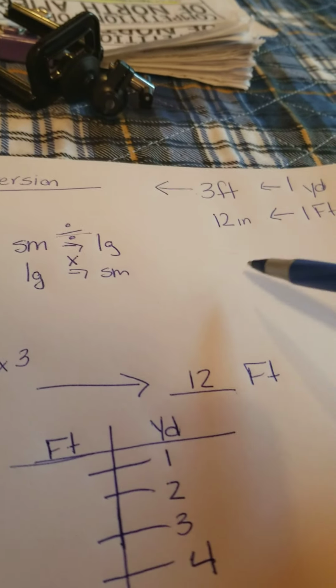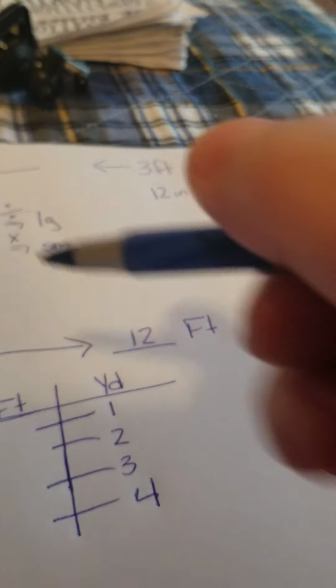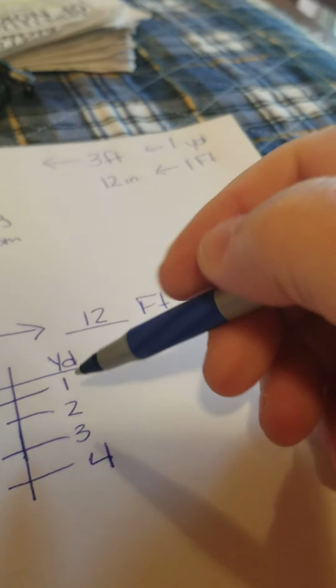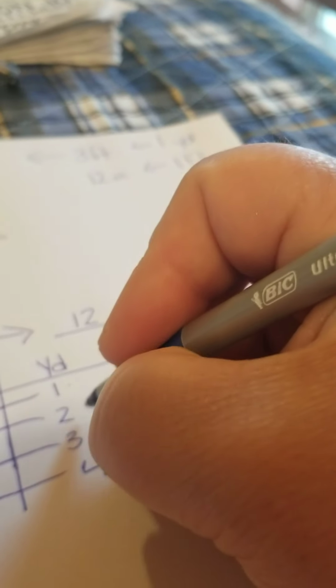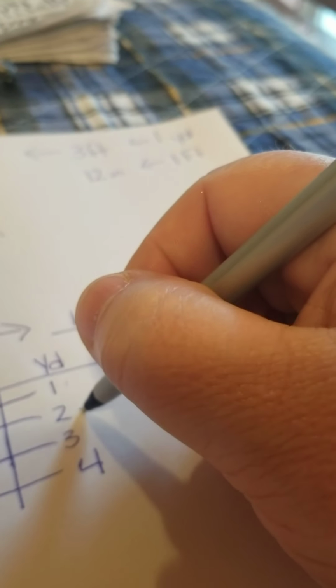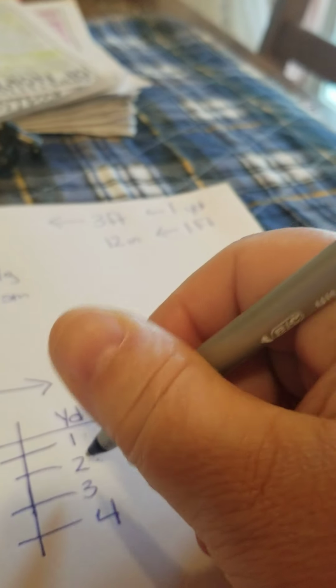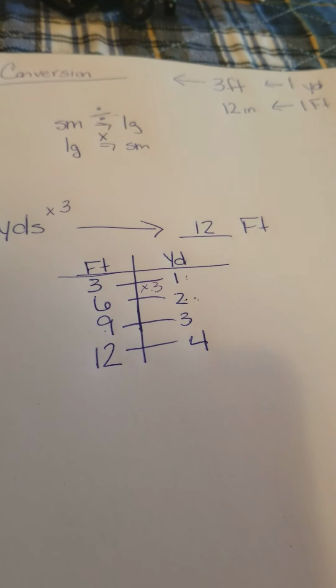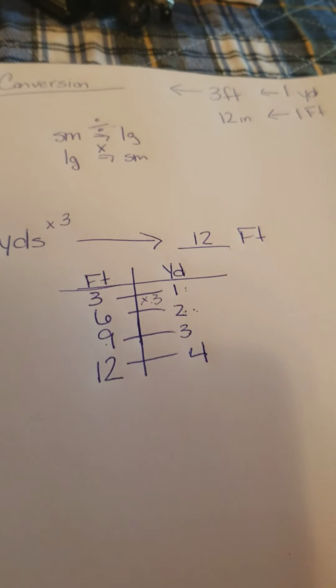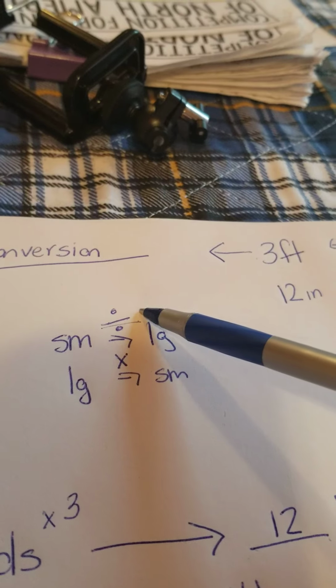For every 1 yard, I go up here because I have it written down, 3 feet, which means if there's 2 yards, 1, 2, 3, 4, 5, 6. 2 times 3. 1, 2, 3, 4, 5, 6, 7, 8, 9. And then we get that pattern going. So I was correct. So we have 2 strategies, the dividing and multiplying, and the T-chart.